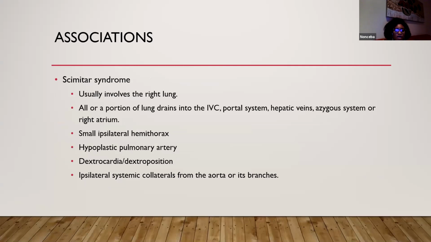So PAPVR has some associations. There's heterotaxy syndrome, then there's Scimitar syndrome. The case that we've had is associated with Scimitar syndrome, which usually involves the right lung.